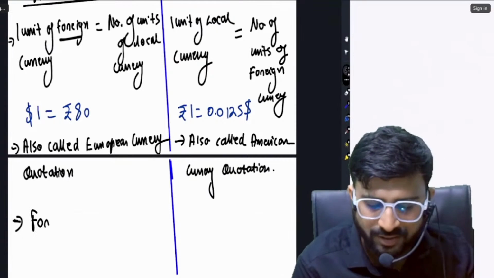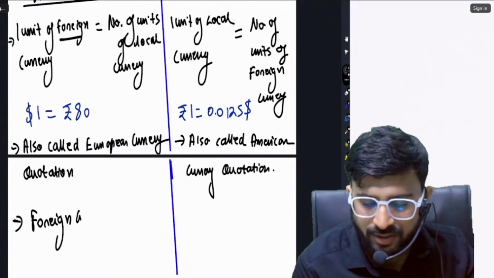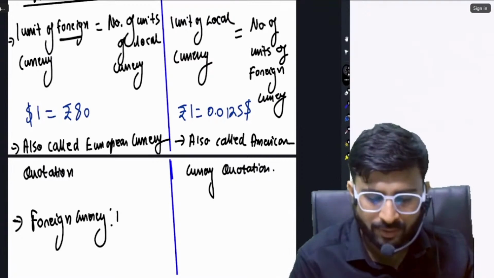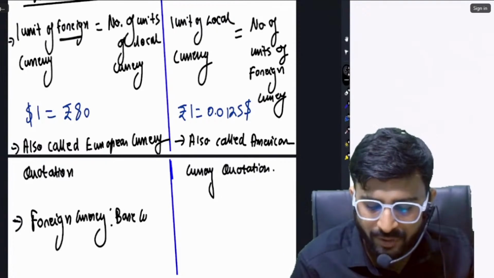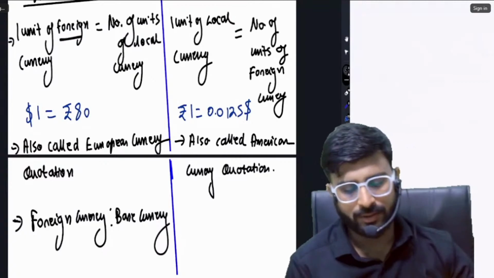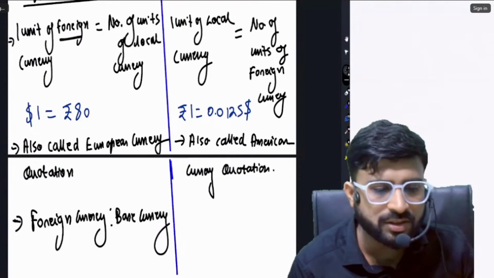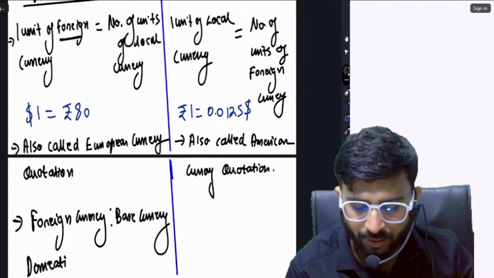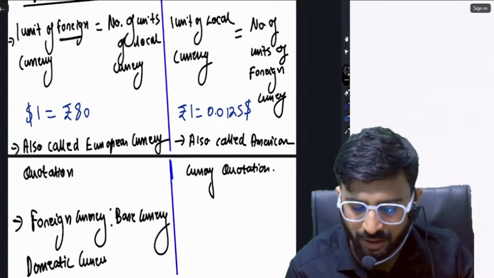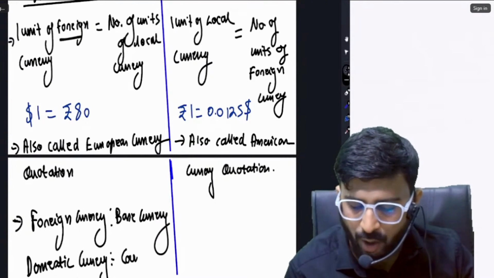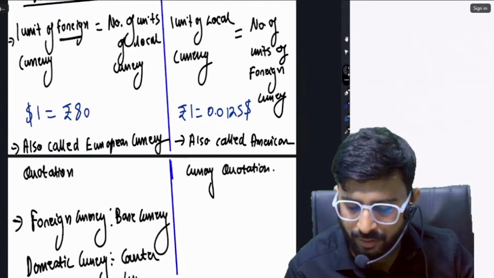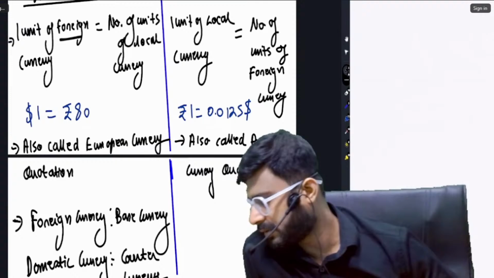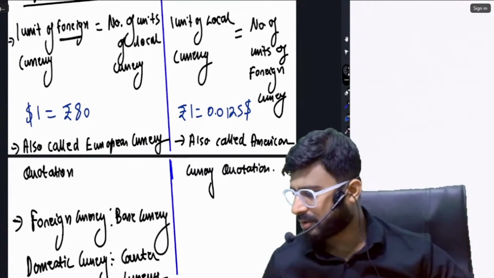So the foreign currency is called the base currency, and the local currency, the domestic or home currency, is the counter currency. Understood, dear students?